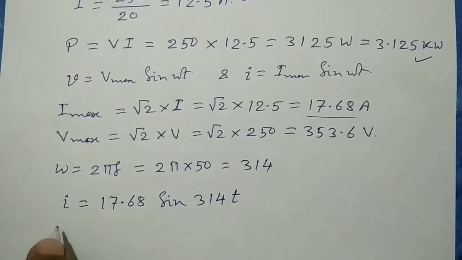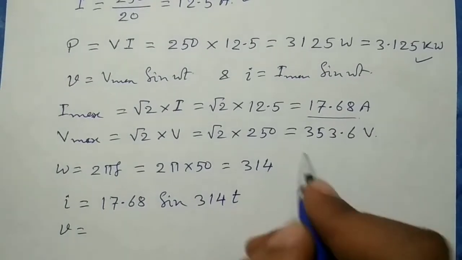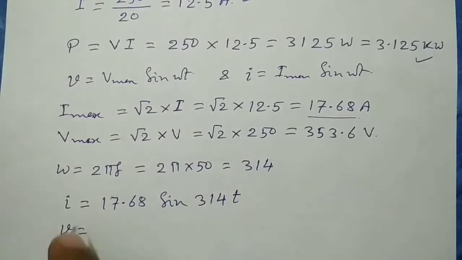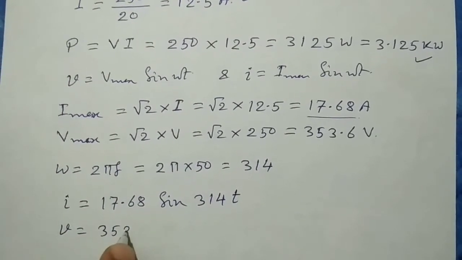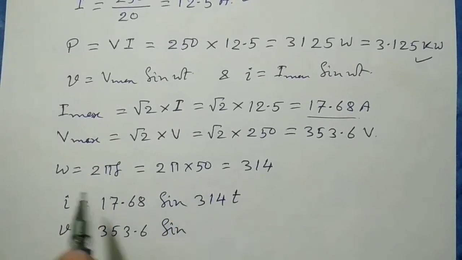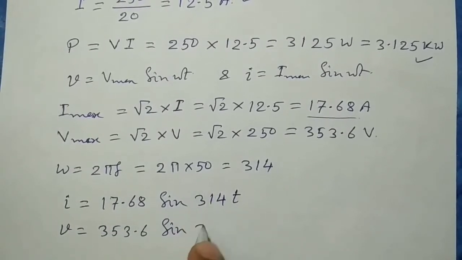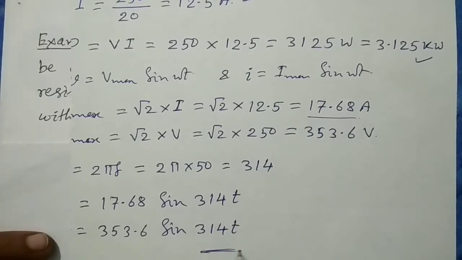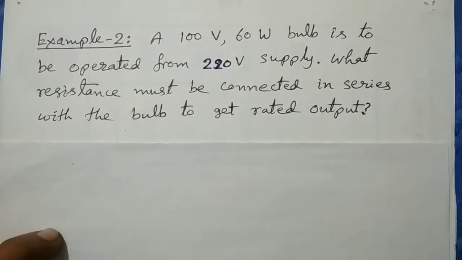And similarly the voltage is Vmax, that is 353.6 sin 2 pi ft or omega t, and again it is 314 t. So this is the third part of the question, expression of the instantaneous voltage and instantaneous current. So these are the answers. Now see the second question.